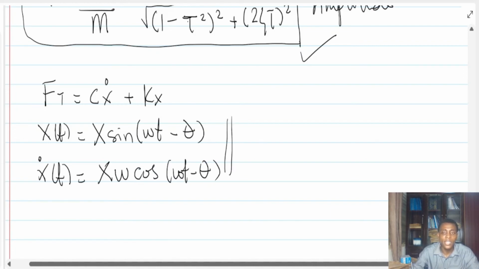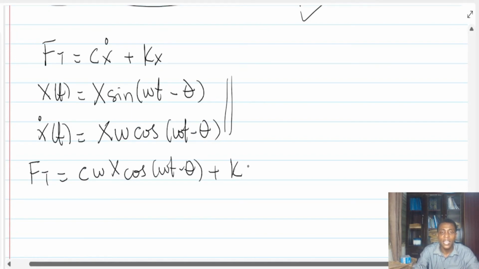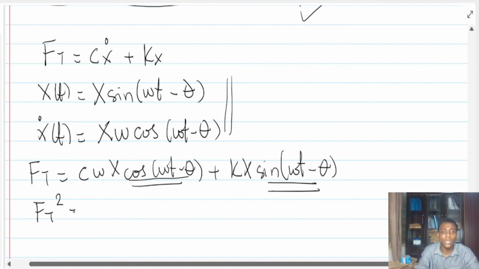Okay. Now, since we have this and then we have this, we can say that our Ft is a combination of C omega x cosine omega t minus theta plus K x sine omega t minus theta. Since I have cosine omega t and I have sine omega t, then I can go forward and say that the magnitude of Ft is going to be the square root of C omega x squared plus K x squared.